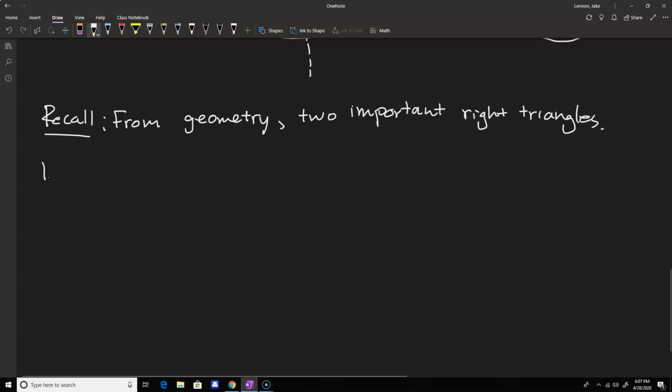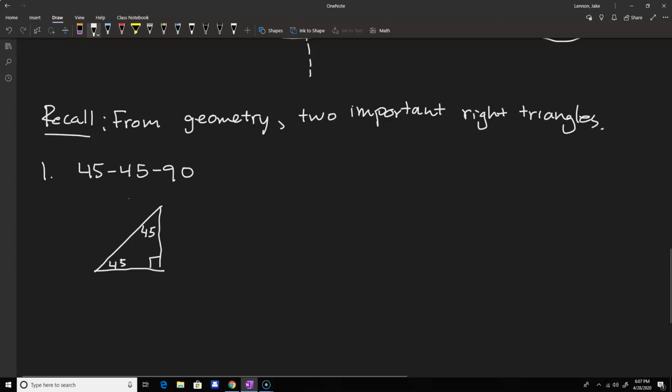So the first triangle we're talking about is the 45, 45, 90 degree triangle. So this is an isosceles triangle, meaning two of the sides have the same measurement. So if you have a 45, 45, 90 triangle, that's talking about what the two angle measurements are. So we have 45 here and 45 here.